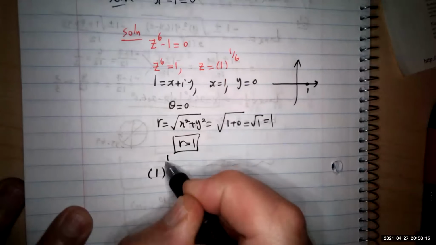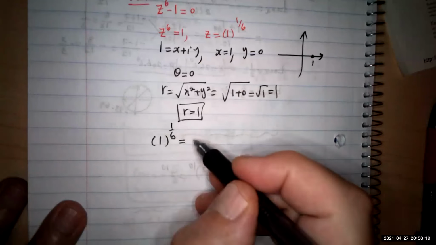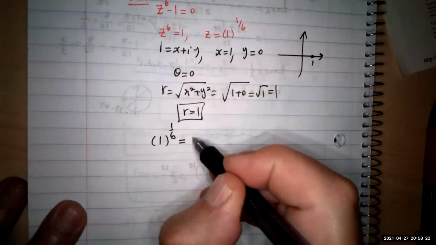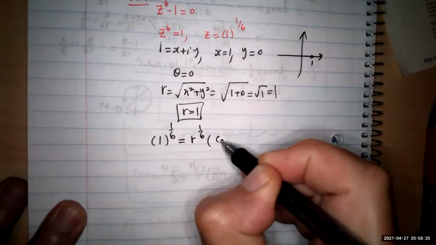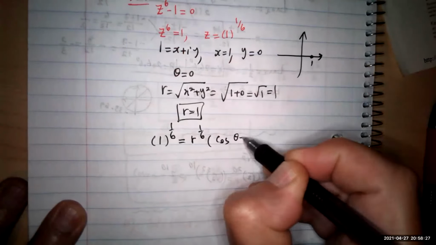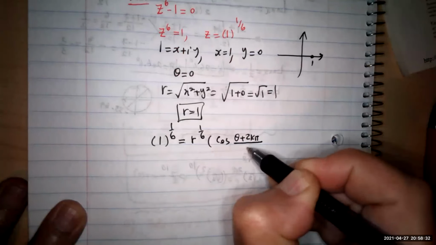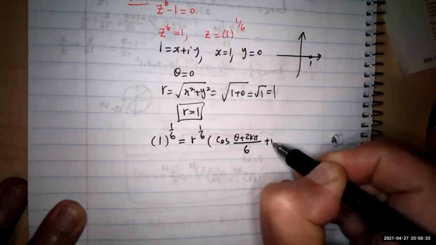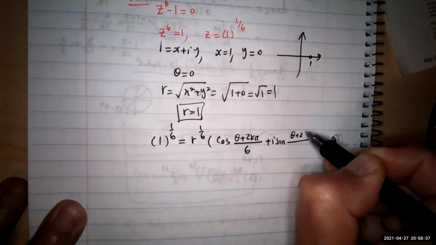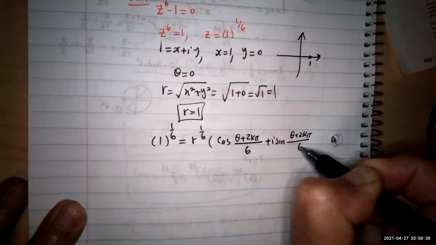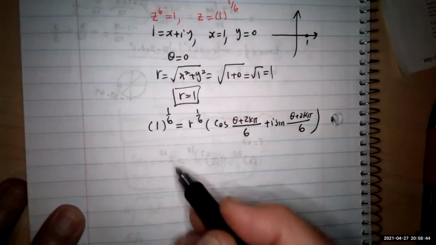So 1 to the 1/6 is equal to r to the 1/6 times cis, cosine of theta plus 2k pi over 6, plus i sine of theta plus 2k pi over 6.